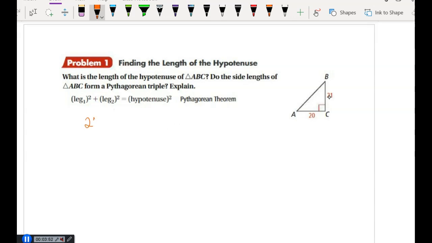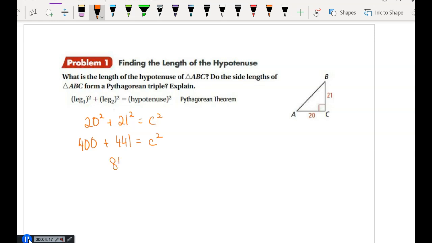So let's do 20 squared plus 21 squared is going to be equal to c squared. Okay, so 20 squared is 400. 21 squared is 441. So all of that's equal to c squared.